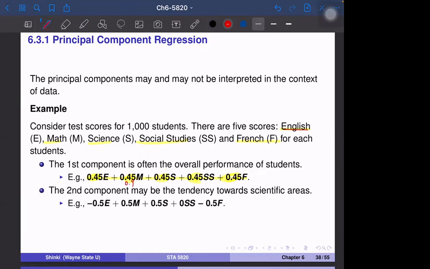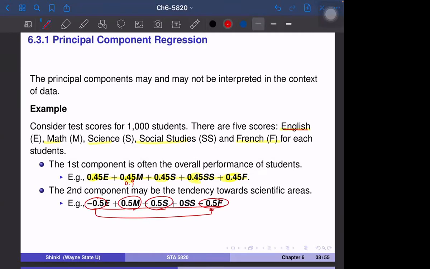And how about the second component? Sometimes we can interpret it, sometimes we cannot. Suppose we get this: the second component is negative 0.5 times E plus 0.5 times M plus 0.5 times S plus 0 times SS minus 0.5 times F. You can see 0.5 for math and science, and negative 0.5 for English and French. So we can guess that some students are good at math and science but not good at English and French, and the other way around.